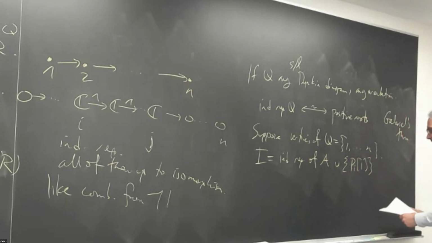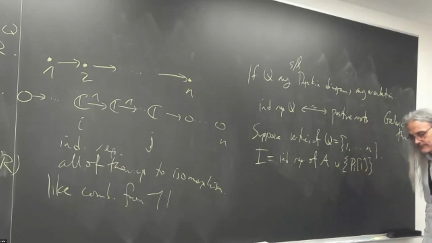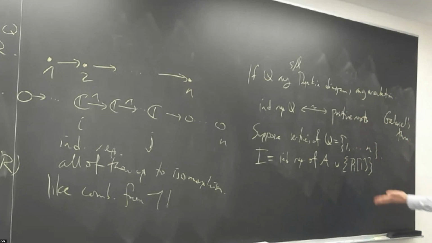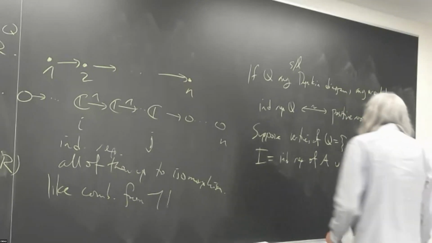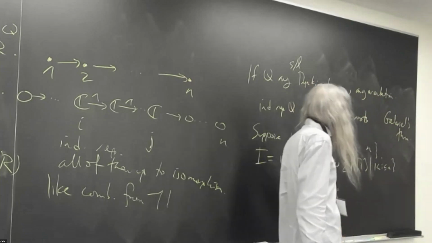So this is an additional object, which representation theorists might write down like this. So there's sort of n additional objects. You should feel like these are like the negative simple roots from cluster theory.